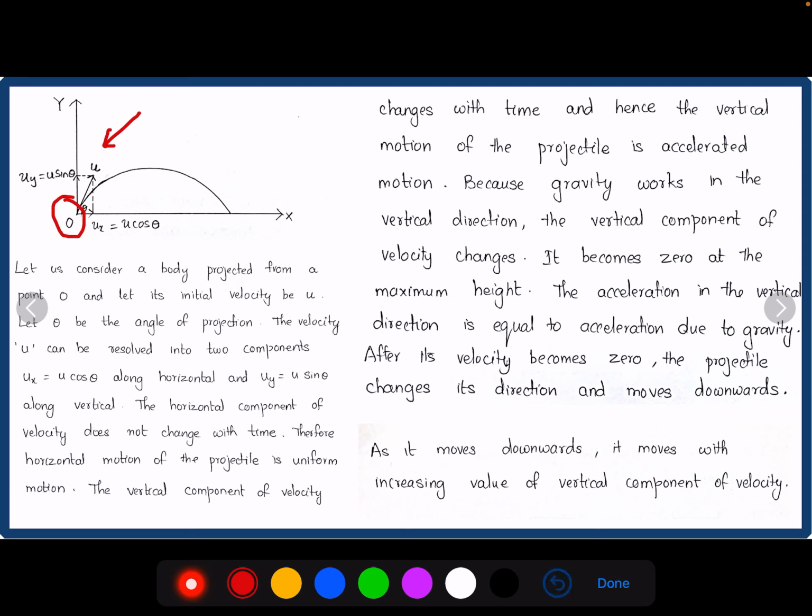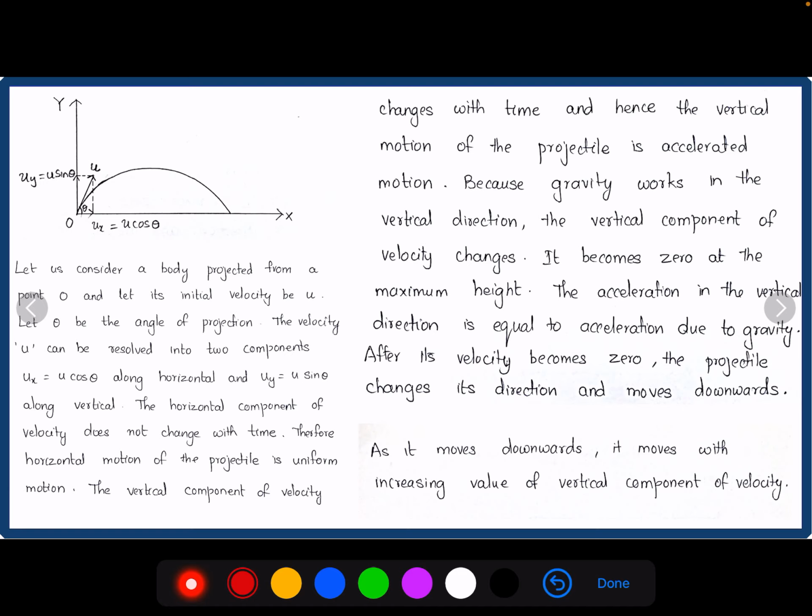Then this u can be resolved into two components. Along the x-axis, u cos theta, and along the y-axis, u sin theta.